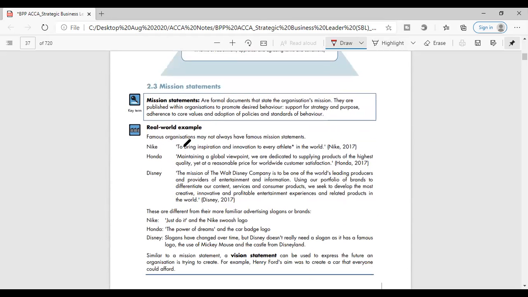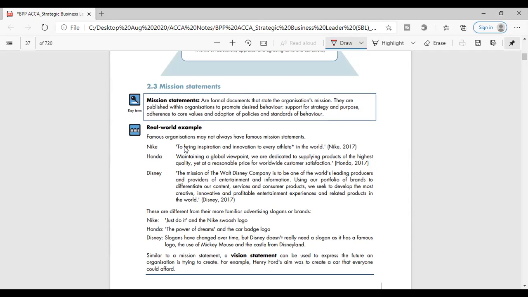What can we make out from this mission statement of Honda? We want to have suppliers in 25 big markets. We need to have different structures and models of the cars. And we also need to have one of the lowest prices in each market. That could be the objective for Honda-like companies.